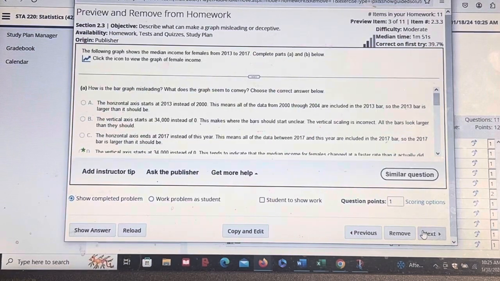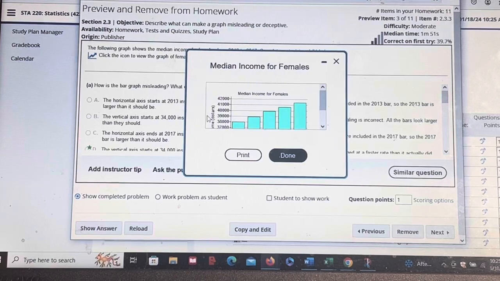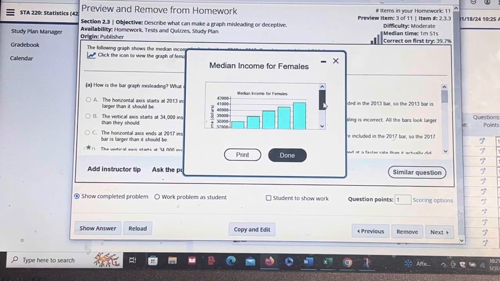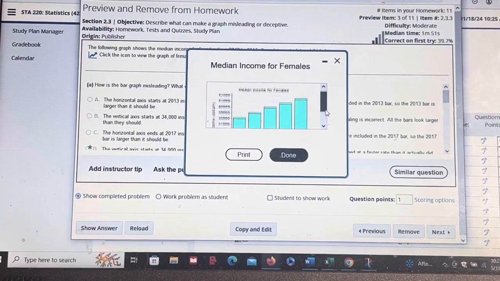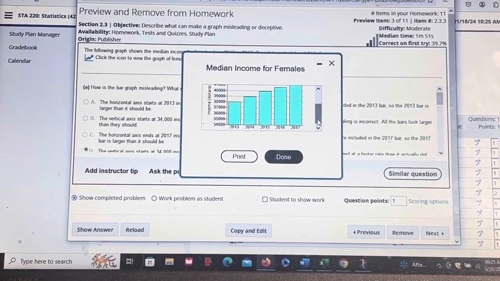What we have here. Okay, we've got to click on this one to look at the graph. And so here's the graph. This is the median income for families, and again, this is the same kind of thing.